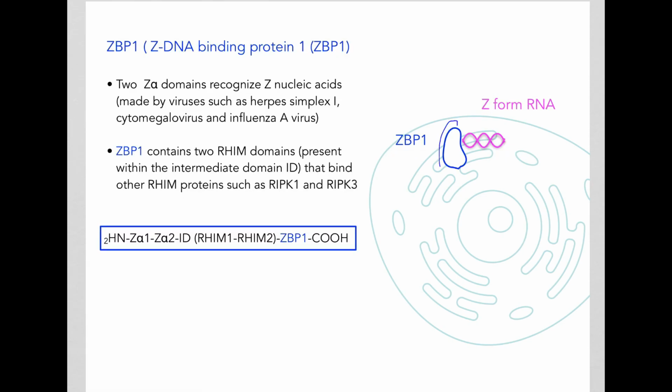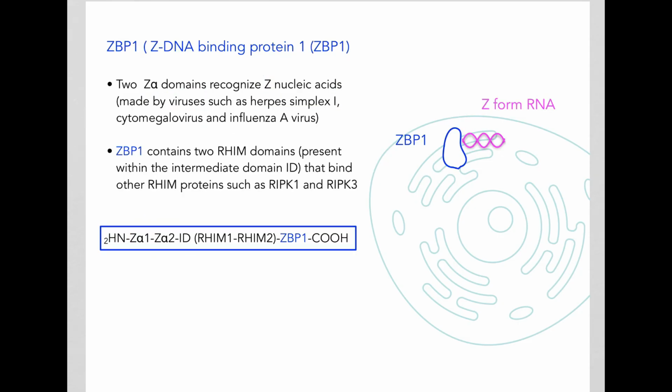Now, the receptor has two Z alpha domains, Z alpha 1, Z alpha 2, and these domains recognize Z nucleic acid, the Z form of nucleic acid, which is made by certain viruses such as the herpes simplex 1 virus, the cytomegalovirus, as well as the influenza A virus.